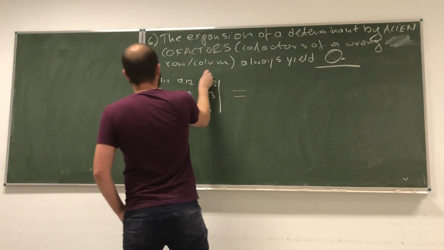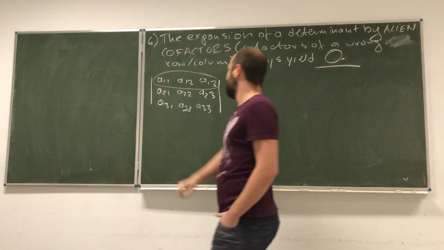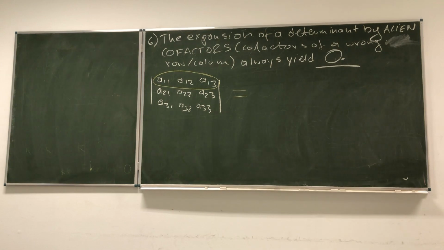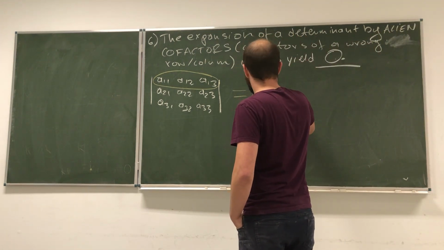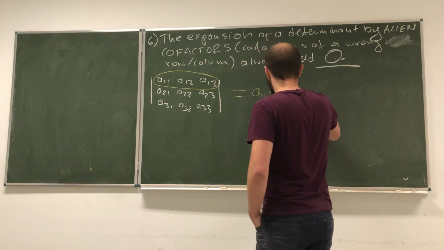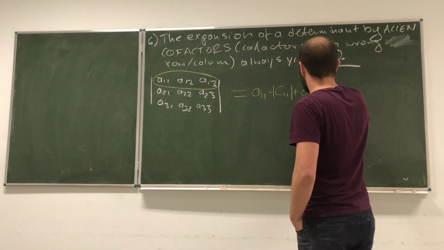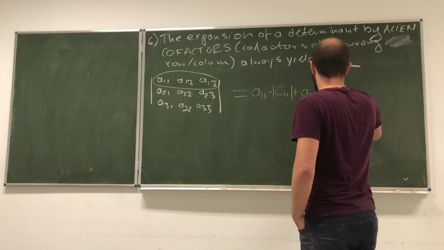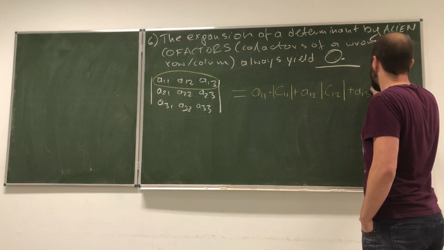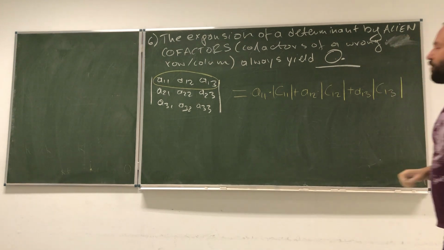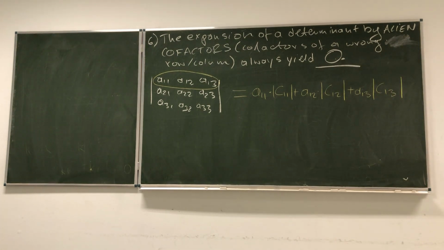Let's just say that I'm going to use this row. And how were we going about it? We were using A11 times C11 plus A12 times C12 plus A13 times C13. Right? So each element is multiplied by its cofactor.